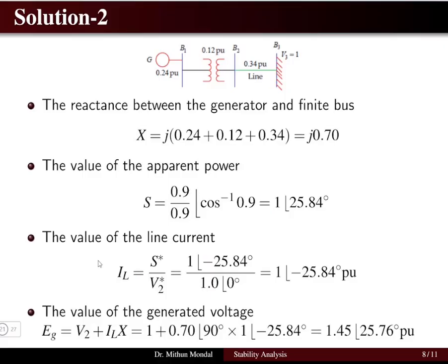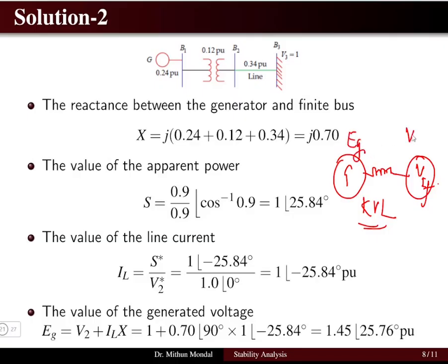which is flowing in the system. Now if we consider this, we have a generator, then the total reactance of the line, and the voltage of the infinite bus. We can write the KVL equation in this loop, where the generator voltage will be equal to the voltage of the infinite bus plus the total drop in the line, which is the line current times the total reactance of the line.